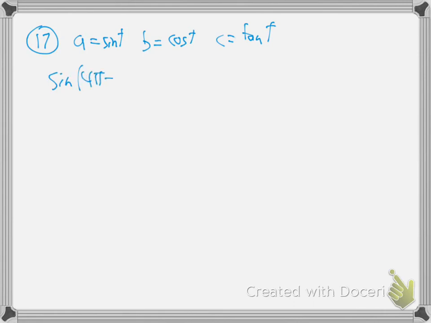Let's try number 17. They're going A is sine t, B is cosine t, C is tangent t. And then they're going to go sine of 4 pi plus t minus cosine of 6 pi plus t plus tangent of 7 pi plus t.